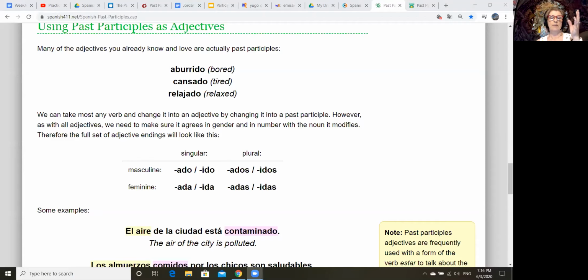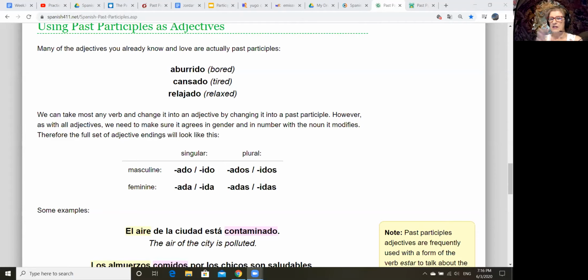With this one, you would have to scroll all the way down to find this. So here's that basic rule. Ado, ido, right? But ado might become ada. It might become ados. It might become adas. Ido might need to become a feminine form, ida, or idos, or idas.